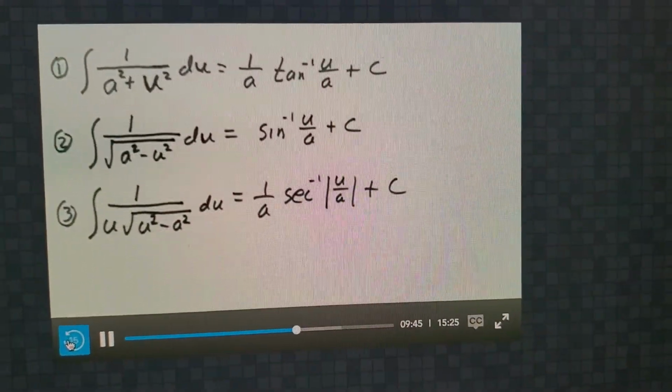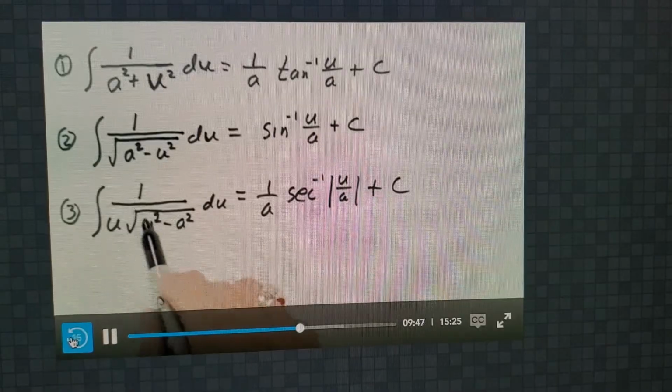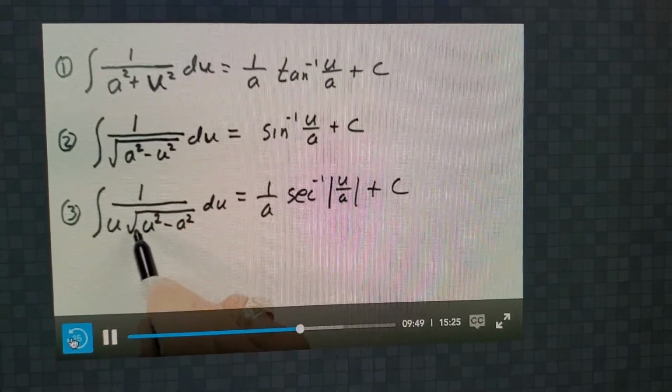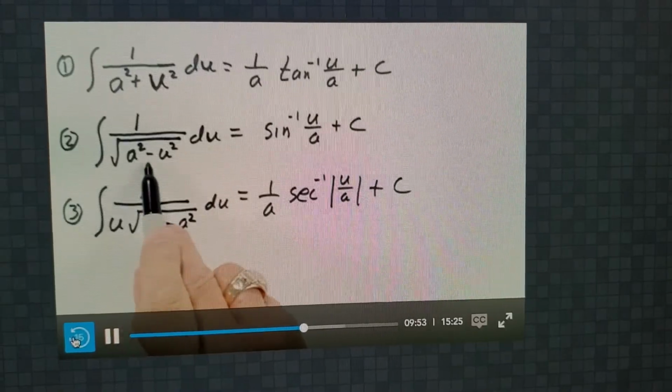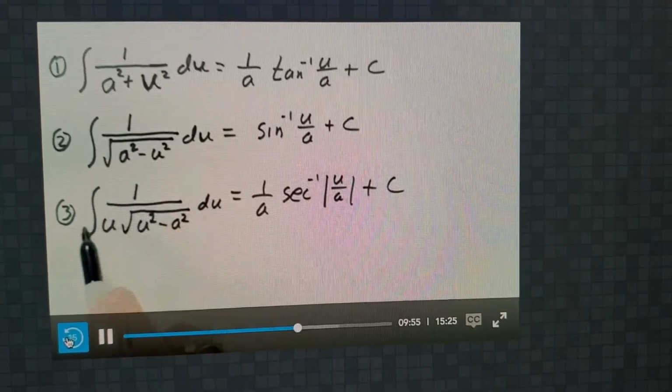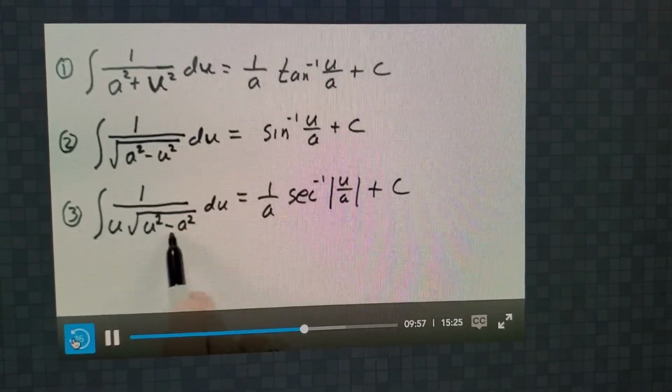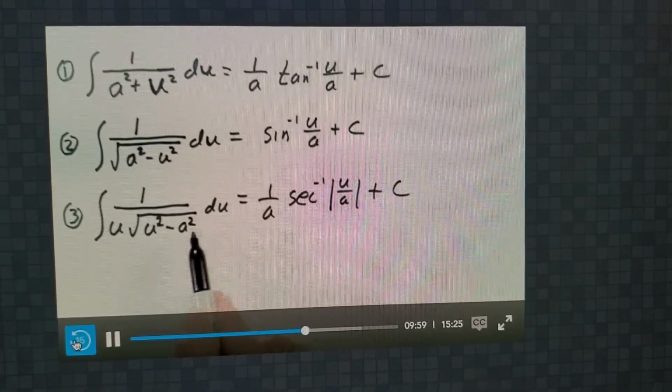Now I'm hoping you'll recognize that as being a type 3 problem. 2 and 3 both have square roots, but 2 says constant minus variable, and 3 says variable minus constant. We usually use the last part of the alphabet for variables, the first part of the alphabet for constants.